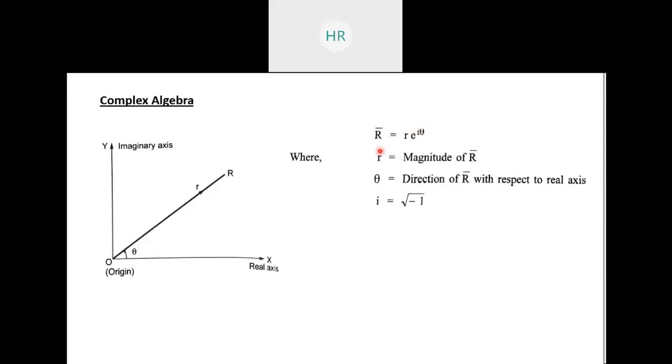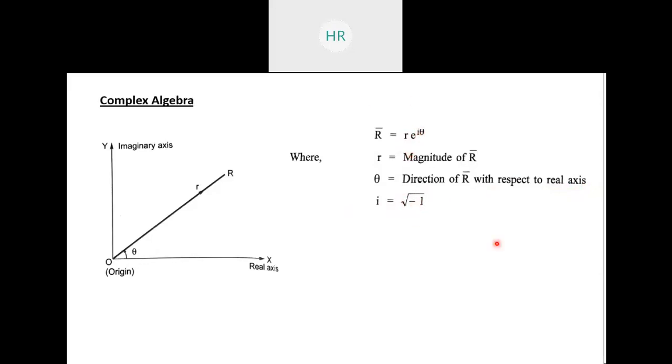In that, small r is the magnitude of this vector, and theta is the direction of the vector with respect to the real axis. And this i is equal to under root minus 1.